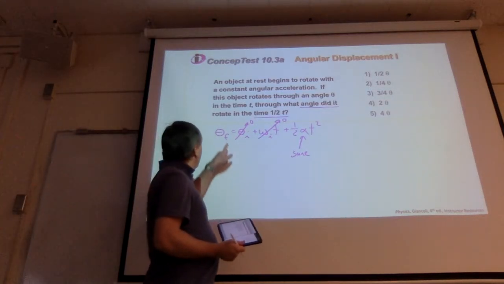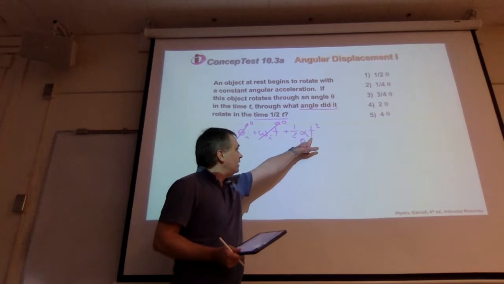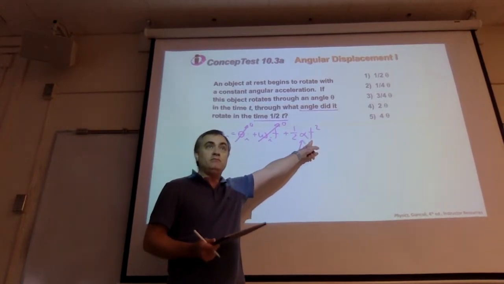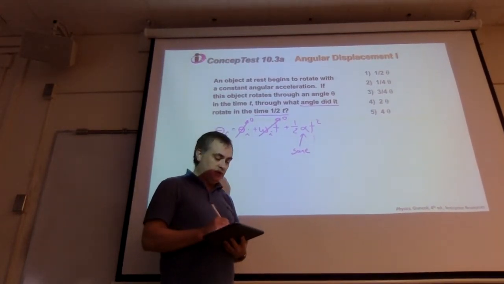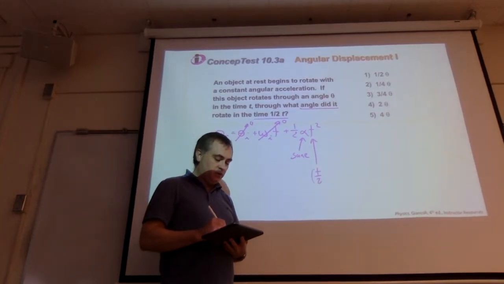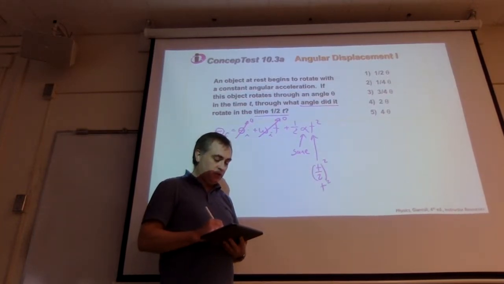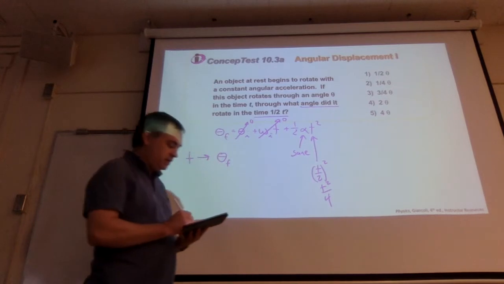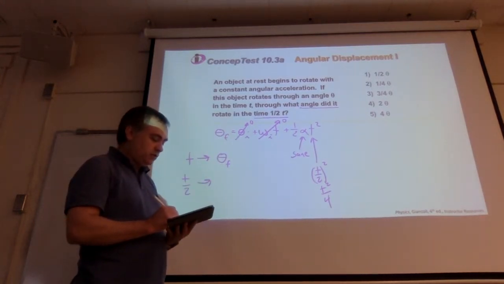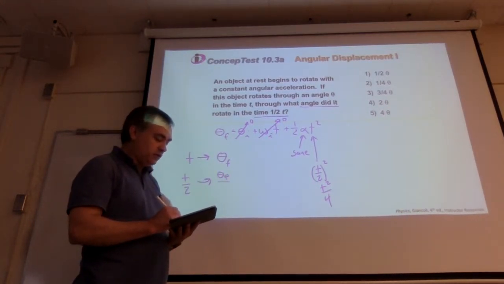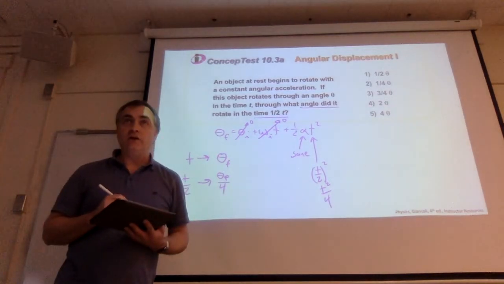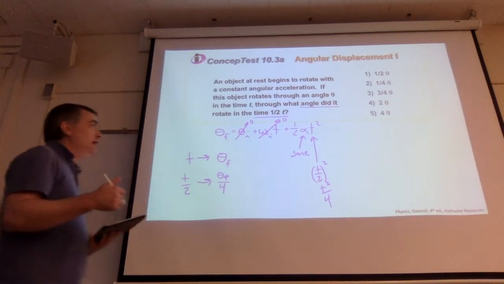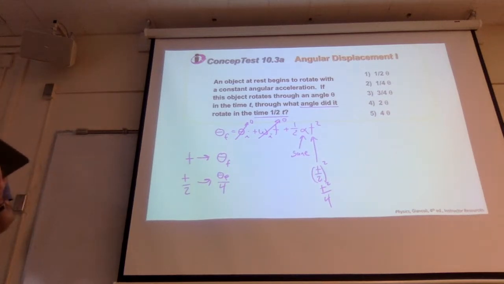So now we just want to see what happens to theta if I plug in half the amount of time. So if I plug in t over 2 and square that, we're going to have t squared over 4, which means that if I get theta final from t, if I plug in t over 2, I'm going to get theta final over 4. Okay, so it goes a fourth of the angle in half of the time. So your answer there is number 2.